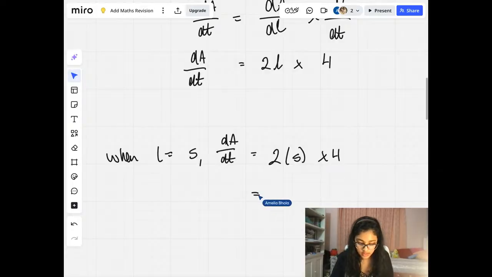This is 10 by 4, which is equal to 40. Don't forget your units. This is cm squared s minus 1.